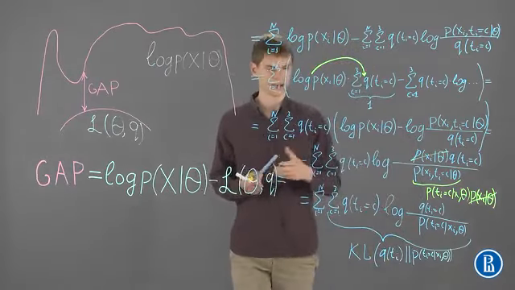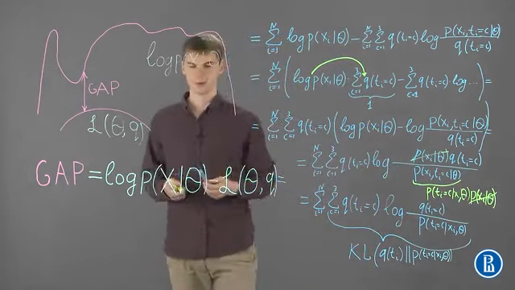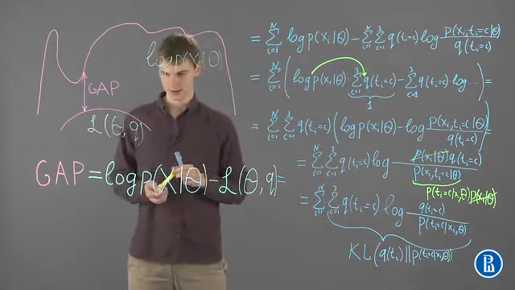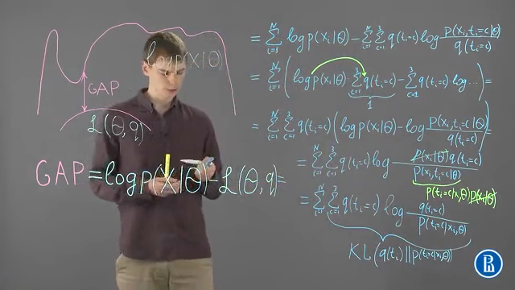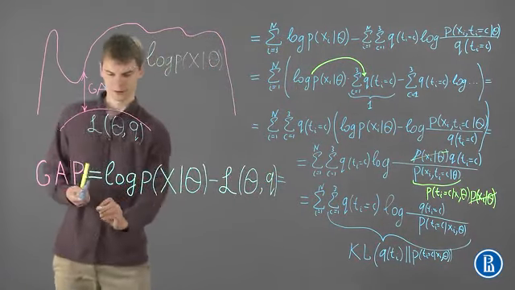So to summarize what we have just derived, the gap between the marginal log likelihood and the lower bound equals the sum of Kullback-Leibler divergences.